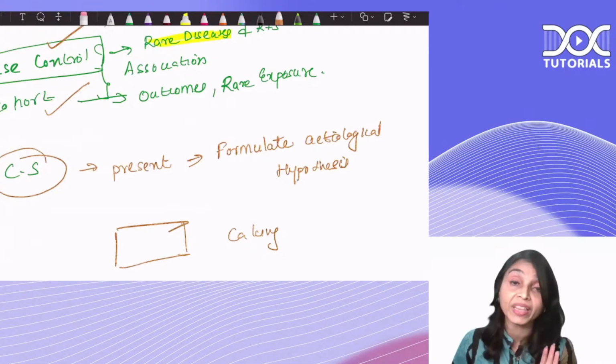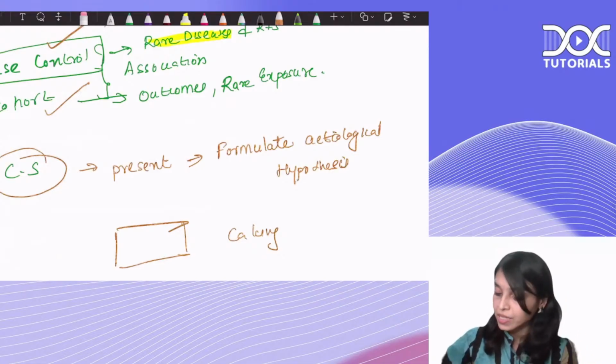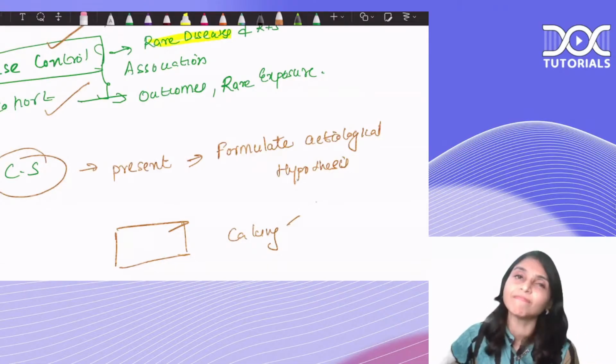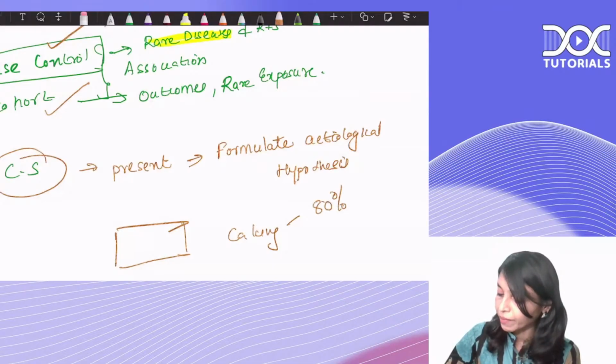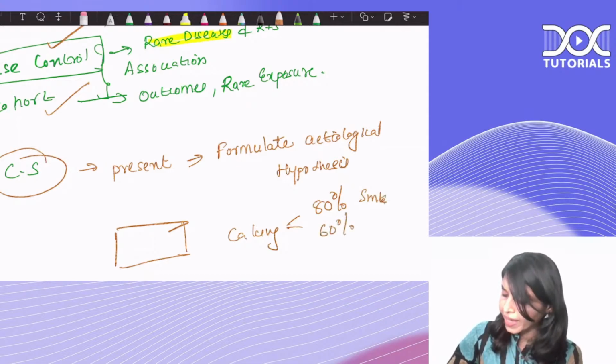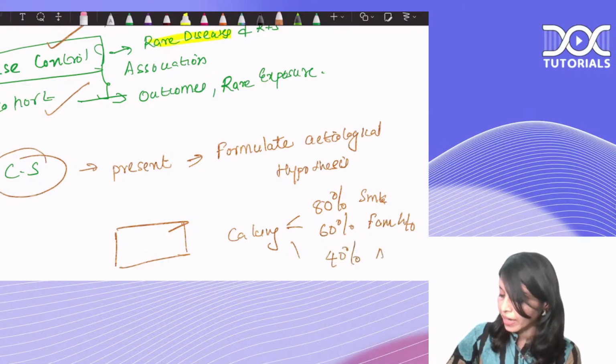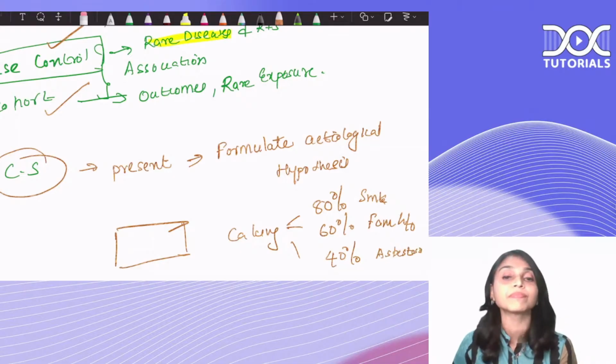Imagine that you don't know anything about the etiology. You just found that 80% were smokers, say 60% had a family history, and 40% had exposure to asbestos.